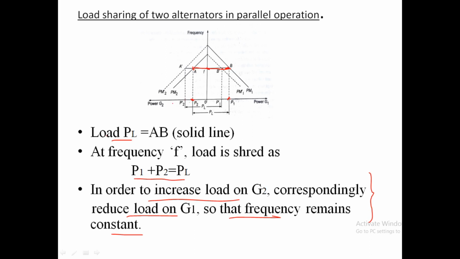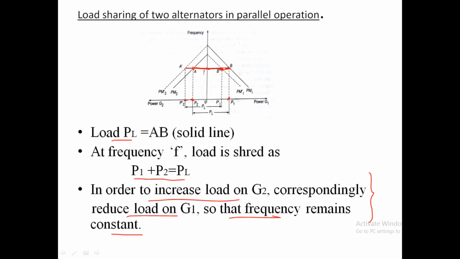So it is not negative actually. It is the left side. Both are positive only. So this P2 has to be increased to P2 dash. Corresponding to that, the point is A dash. Now with this, if we want to keep the frequency at f itself, you just extend the same line and it will meet the point here.